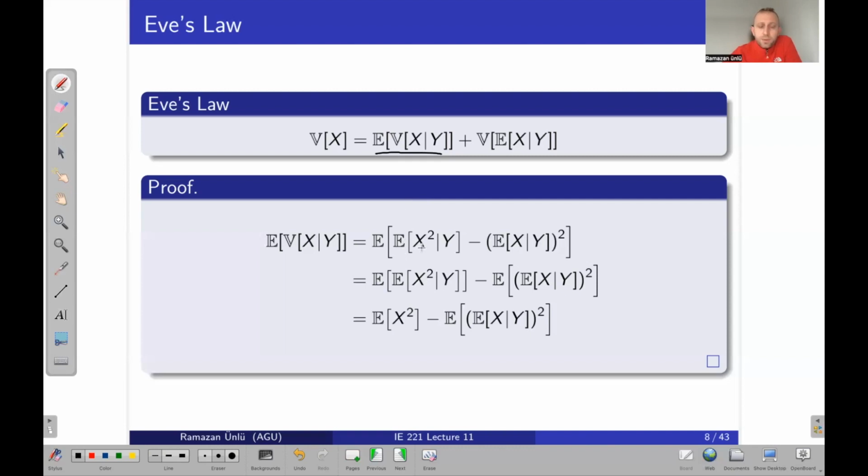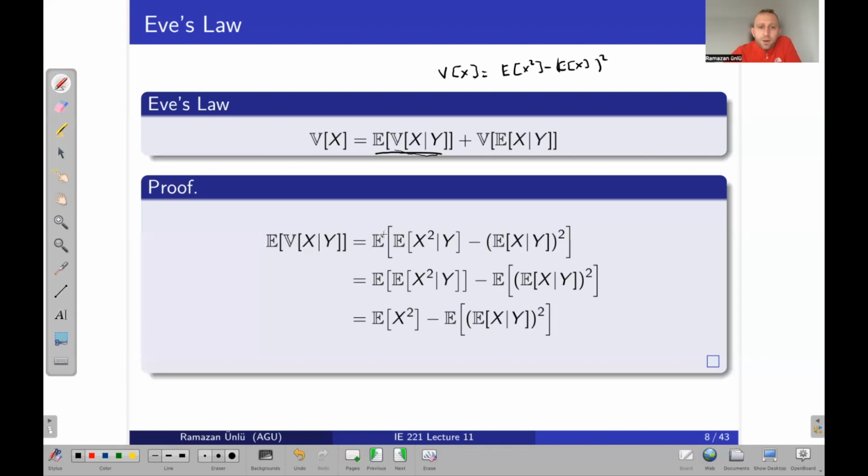Remember the variance of X is equal to the expected value of X squared minus the expected value of X, squared. Instead of the unconditional one, we will use the conditional one. So I can write the variance of X given Y as the expected value of X squared, the second moment, given Y, minus the expected value of X given Y, squared. Okay.